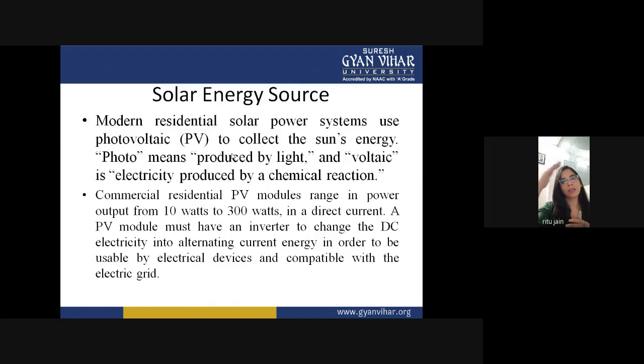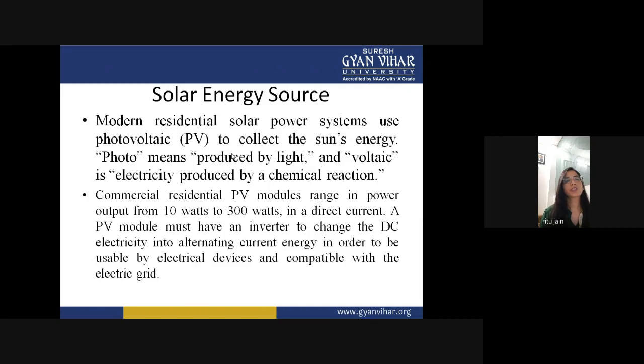Okay, when sunlight falls on these modules, due to thermal reaction, the free electrons start to get out of the conduction layer. Okay, so if you complete any kind of circuit, then these free electrons start to flow, and flowing of electrons is your electricity. So you can say moving of electrons is your current.